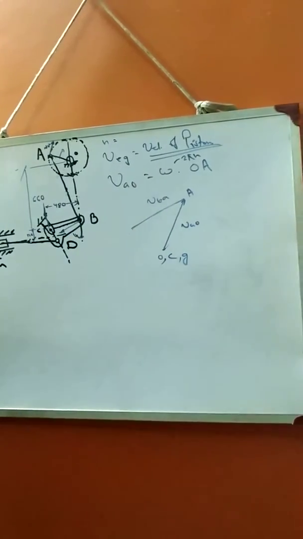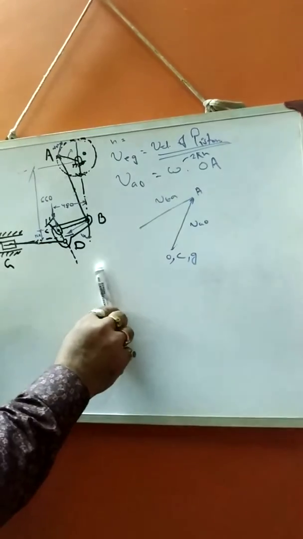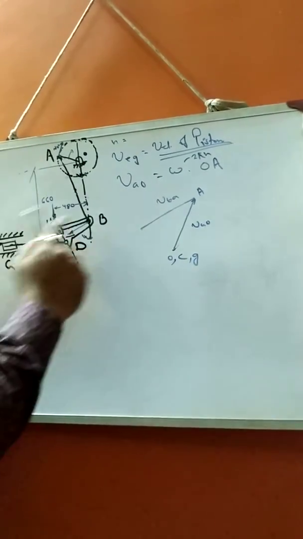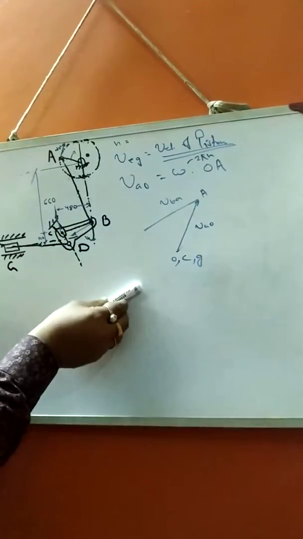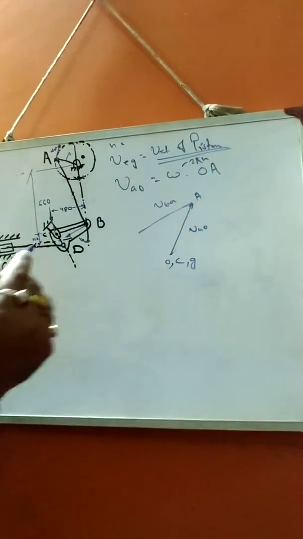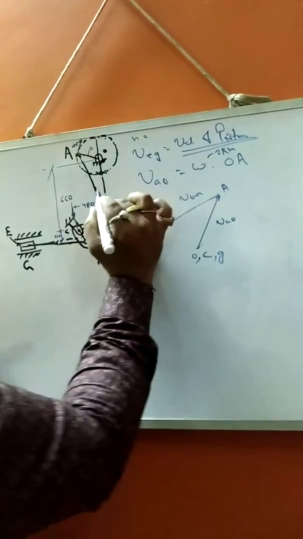Now we should see the velocity of B with respect to C. As this link moves like this, the BCD structure will move like this. So the velocity of B with respect to C should be in this direction, perpendicular to this direction.